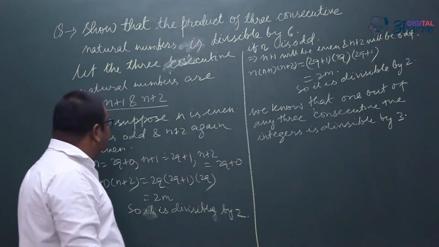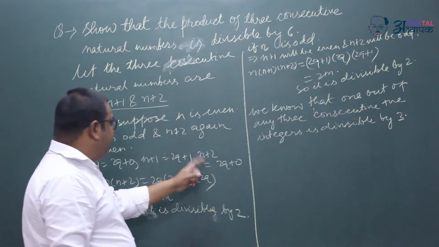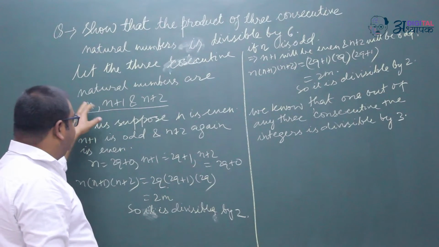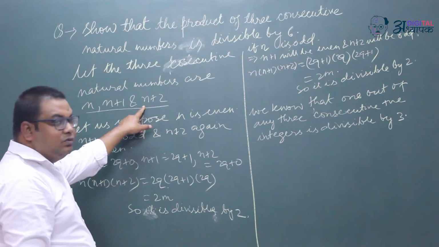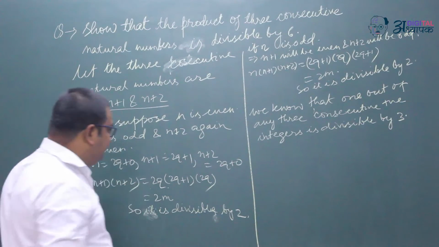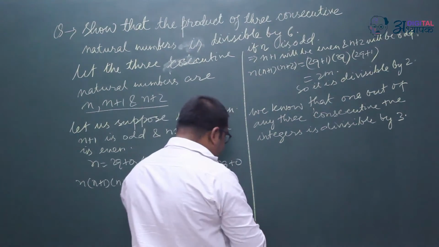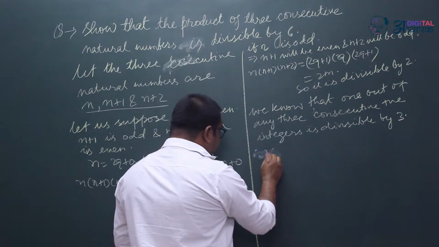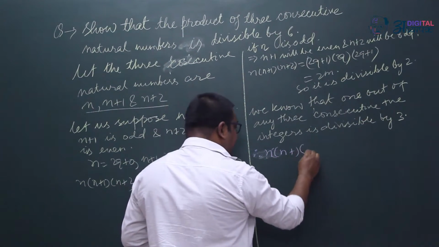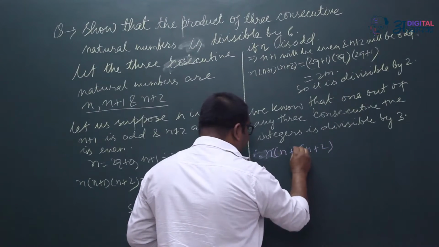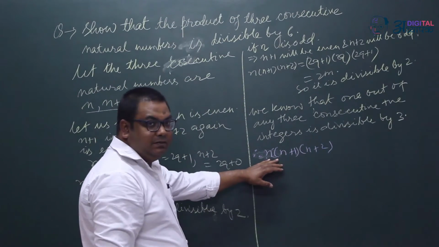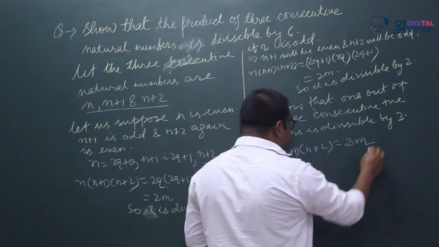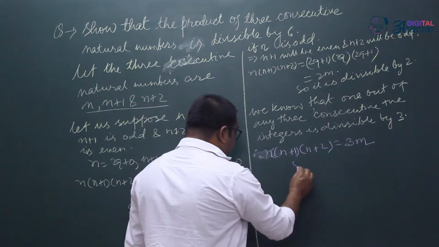You have already proved this question that one out of three consecutive numbers is divisible by 3. So any one of n, n plus 1 or n plus 2 will be divisible by 3. So if we take the product, n into n plus 1 into n plus 2, out of these three any one is divisible by 3. So the product becomes equal to the form 3m, which is divisible by 3.